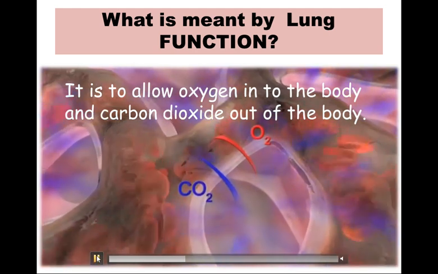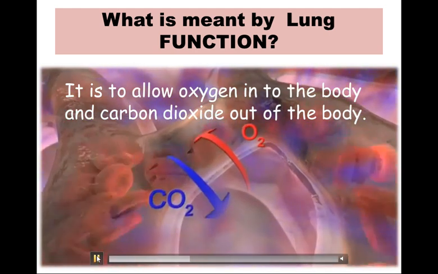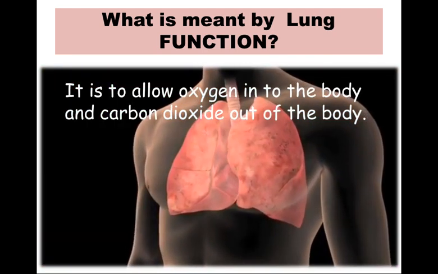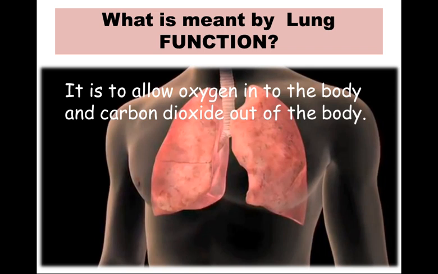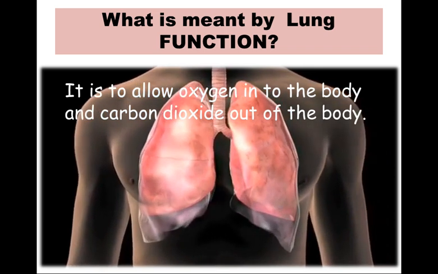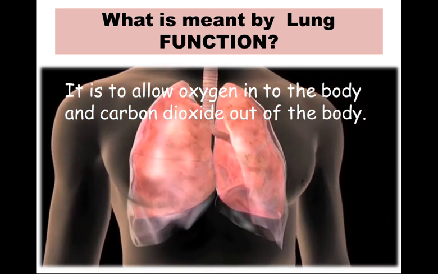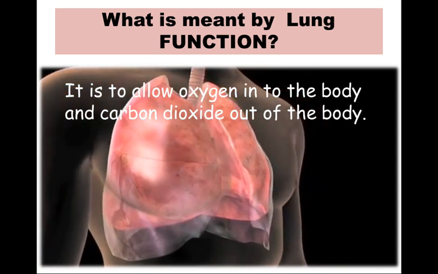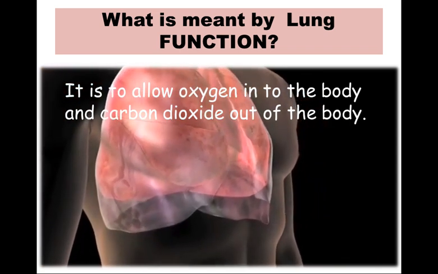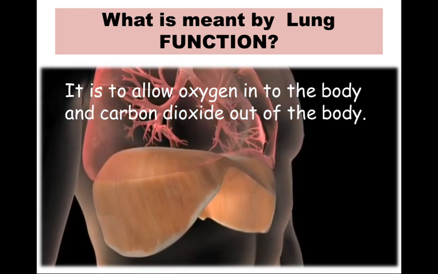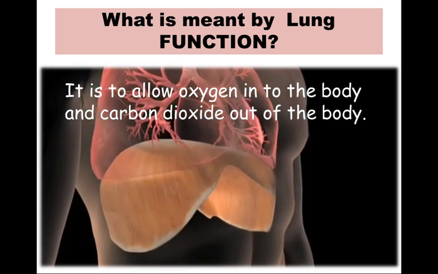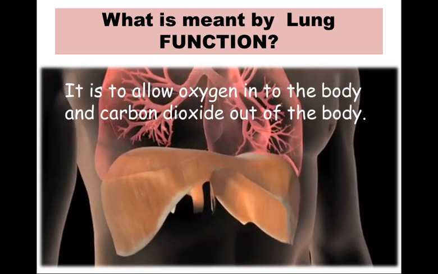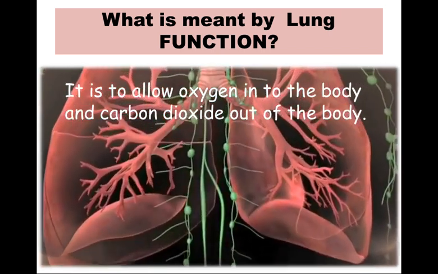As these things go on, we have other parts of the lung also. You can see that the lungs are expanding and contracting. Below the lung, there is a muscular partition that separates the thoracic and the abdominal cavity. That partition is shown here as the diaphragm. The diaphragm also moves up and down with every inhalation and exhalation.